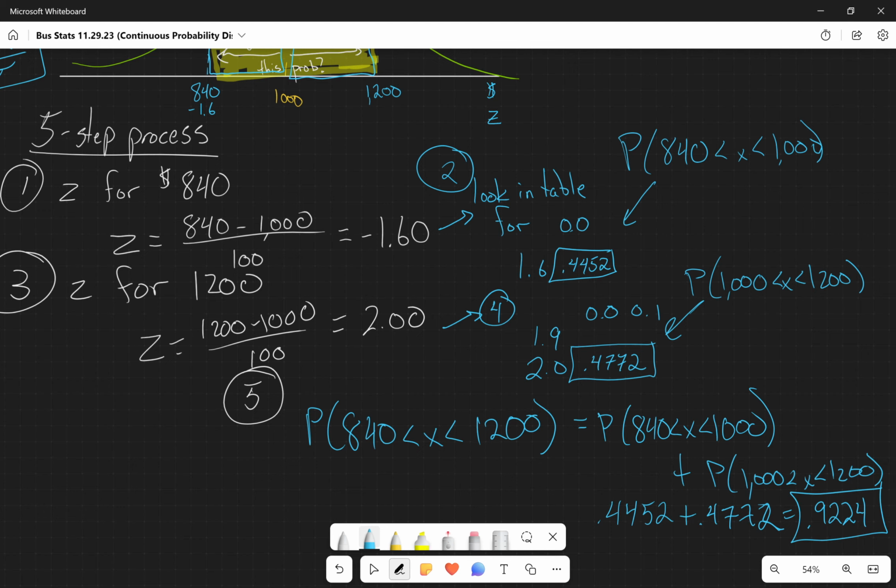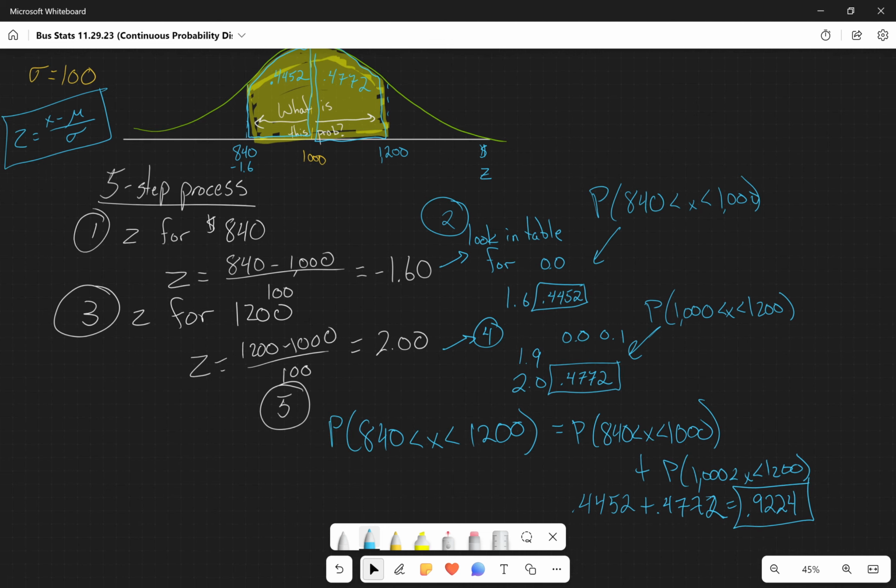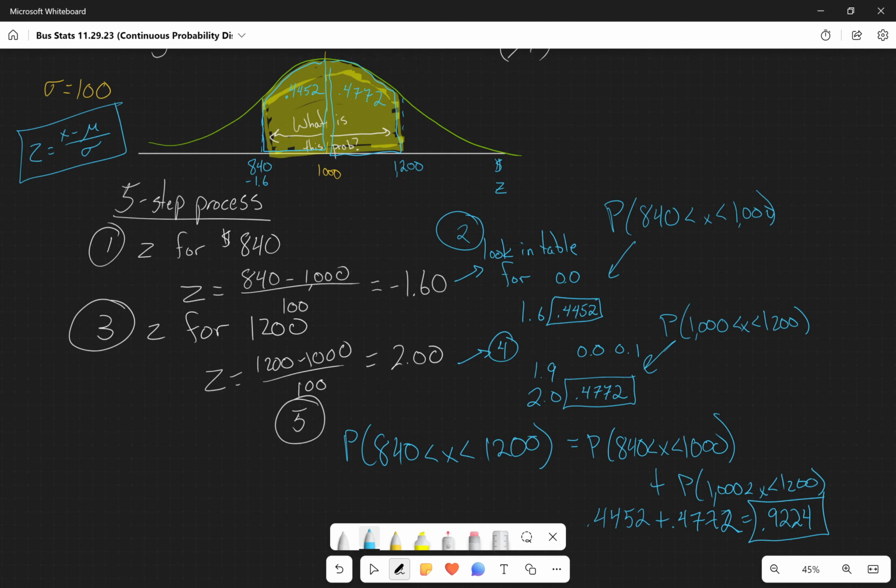Whenever we do these, we should have done this in step 2 and step 4, but we can look at our normal curve that we've drawn and use the sniff test, use the gut check. Does this stink? Does this seem right?